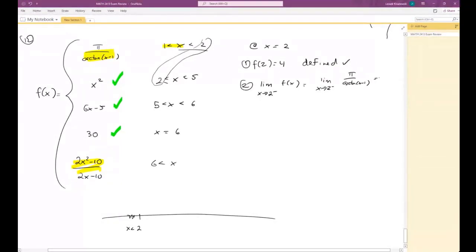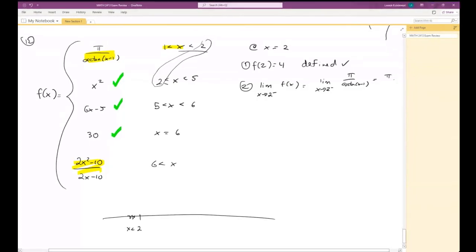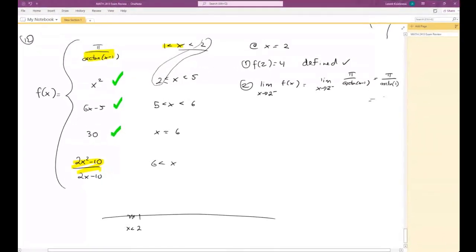And this would give me, what's arctangent of 1? Pi by 4? No, wait, that's tangent. Arctangent of 1 is pi divided by 4, so that's just pi over 4.